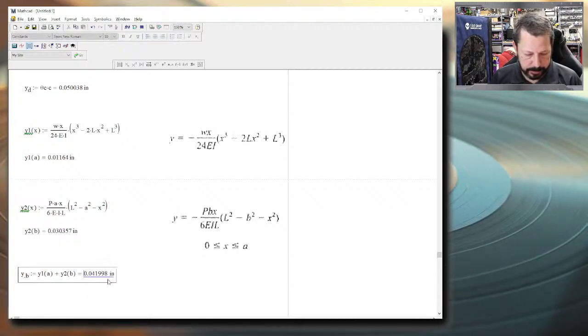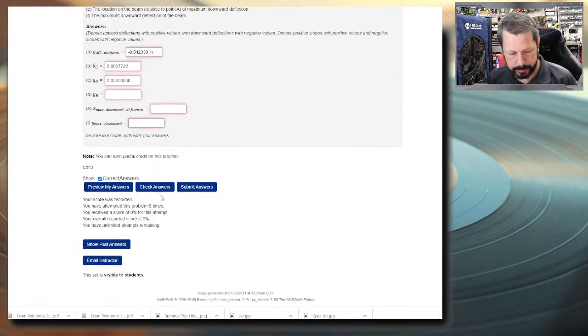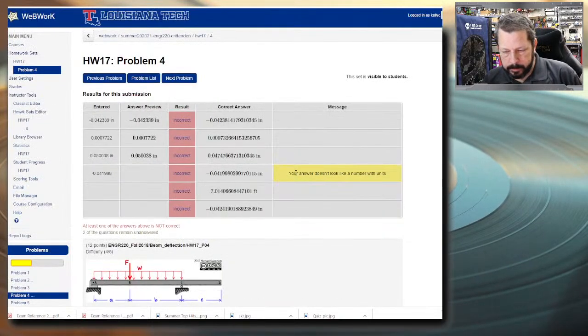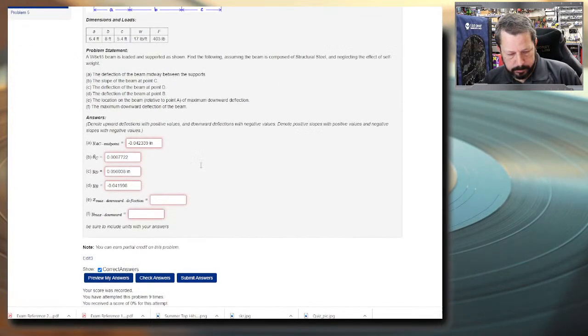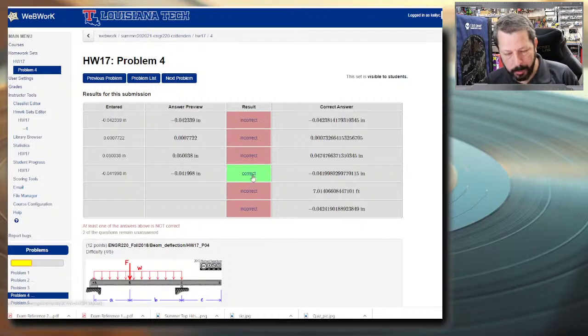We might actually get one right. Let's see. And it is negative in their coordinate system, so we need to put a negative on there. Oh, I didn't put inches on it. Come on. Hey, we got one right.